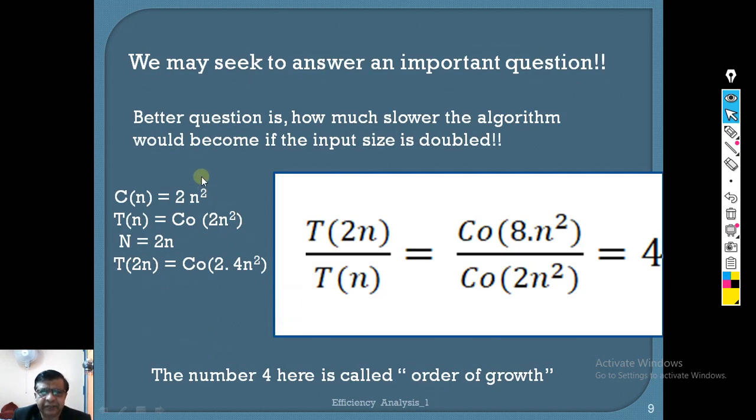So we may seek to answer a very important question. Of course, two questions, out of which one is very primitive. The very primitive question is, we may ask, if at all an algorithmist is given a computer which runs 10 times faster than what he has, then what is the speed of the algorithm?